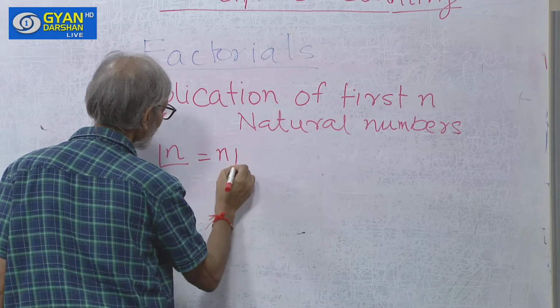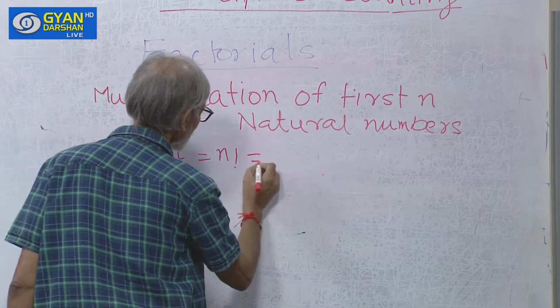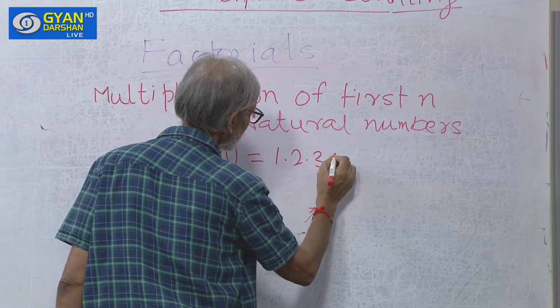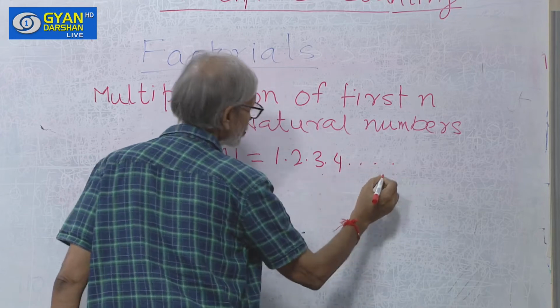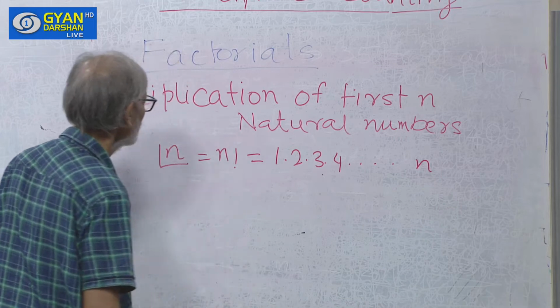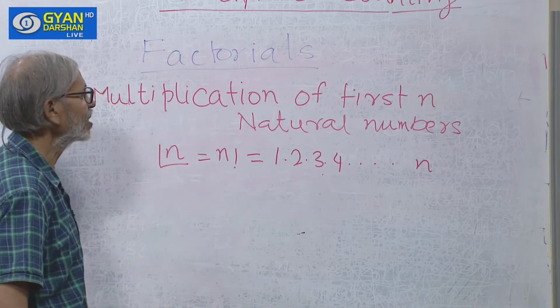It is also denoted like this, which is 1 into 2 into 3 into 4 till n. Okay. So, this is denoted by factorial n.